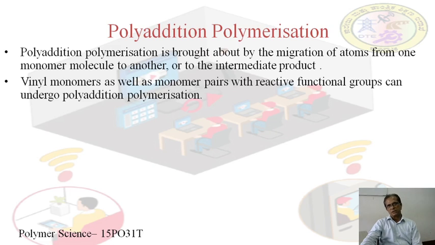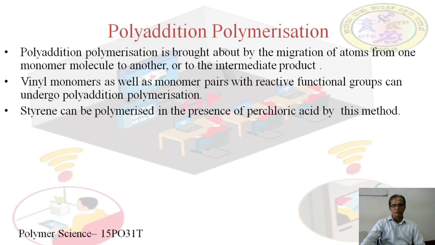Vinyl monomers or monomer pairs with reactive functional groups can undergo polyaddition polymerization. In this type of reaction, there will not be any byproduct, as you could see in the polycondensation reaction.